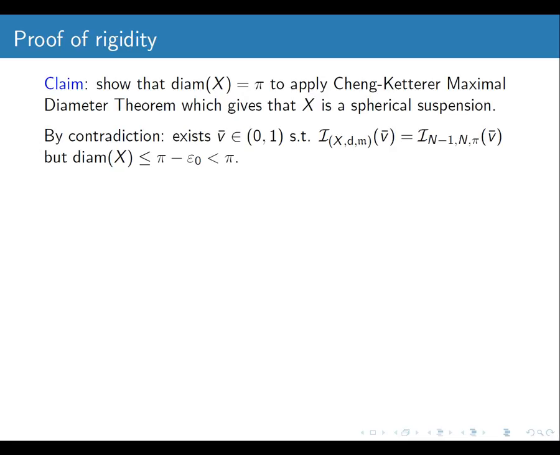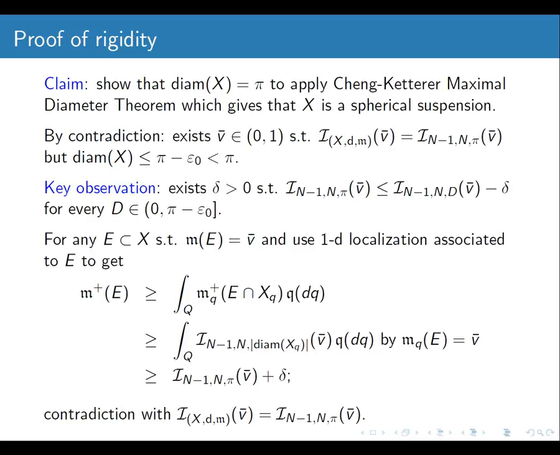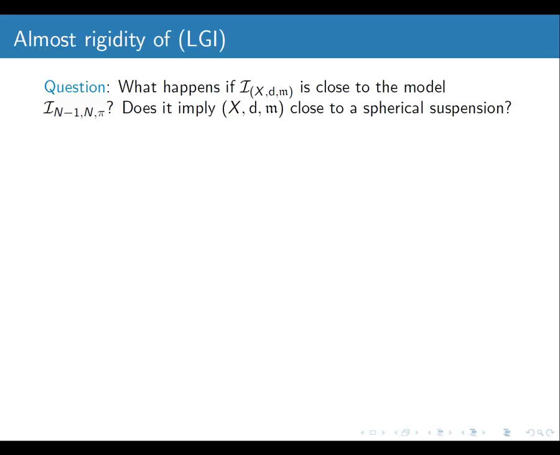You have to be a little bit careful, but it's nothing deep. So then the final question is, now that we have proved the rigid version of the Levy-Gromov isoperimetric inequality.